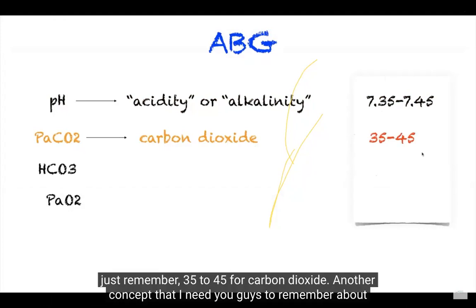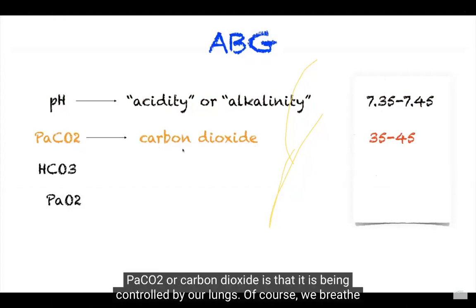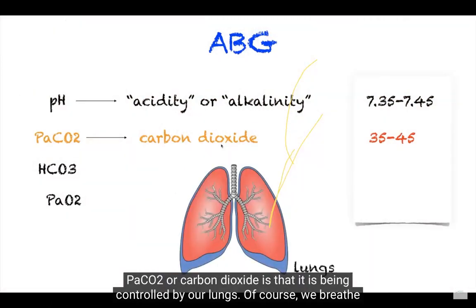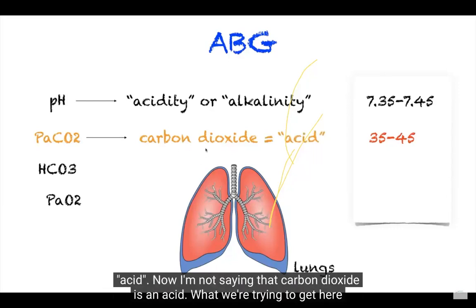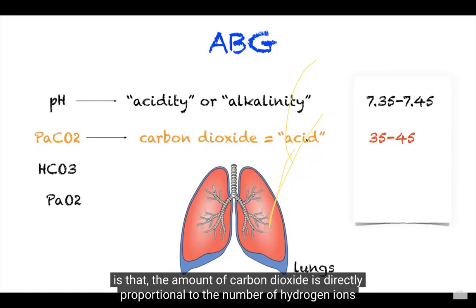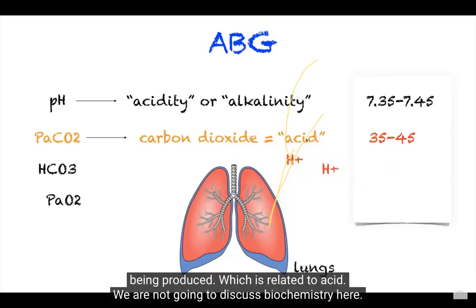Another concept that I need you guys to remember about PaCO2 or carbon dioxide is that it is being controlled by your lungs. Of course, we breathe out carbon dioxide. Another thing that I want you to relate with carbon dioxide would be acid. Now, I'm not saying that carbon dioxide is an acid. What we're trying to get here is that the amount of carbon dioxide is directly proportional to the number of hydrogen ions being produced, which is related to acid.